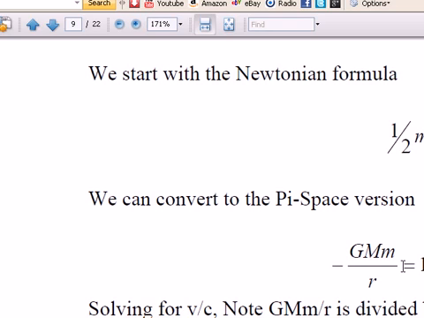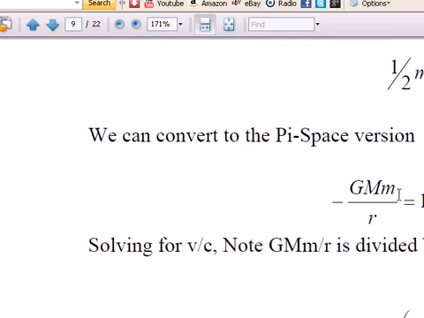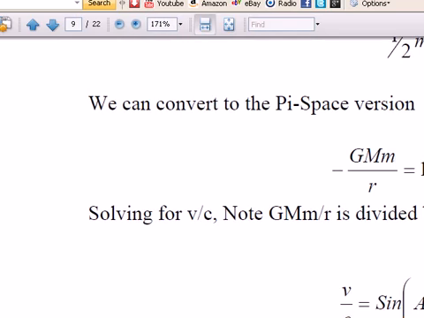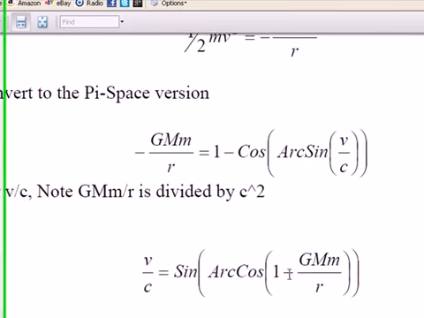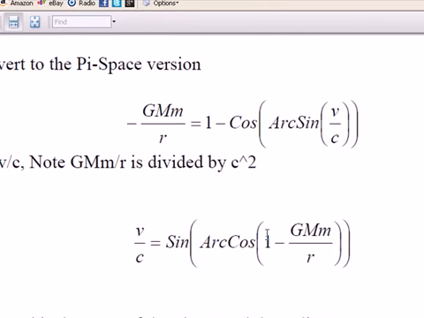This is the well-known Newtonian formula. We solve this in the same way we did for potential energy, and the formula we get is v over c is the sine of the arc cos of 1 minus GM over r. So GM over r is the gravitational potential of one body.